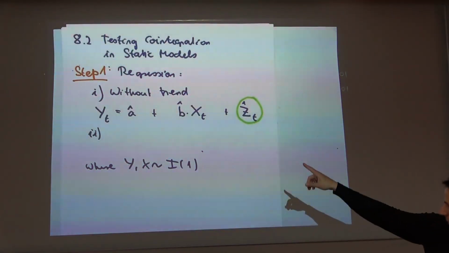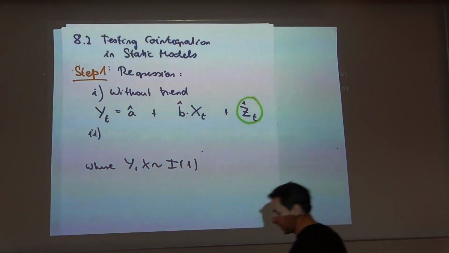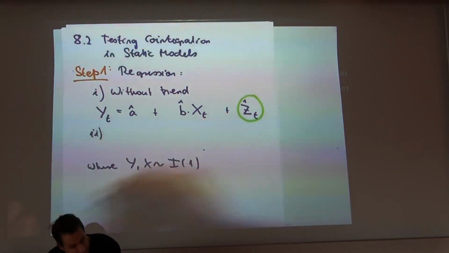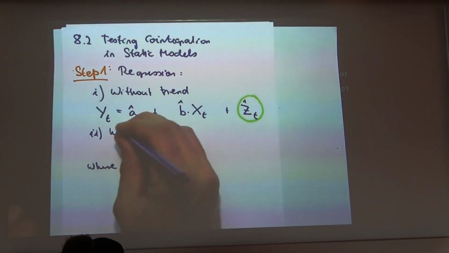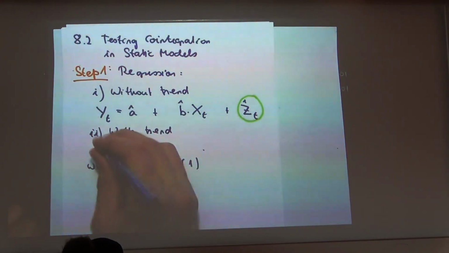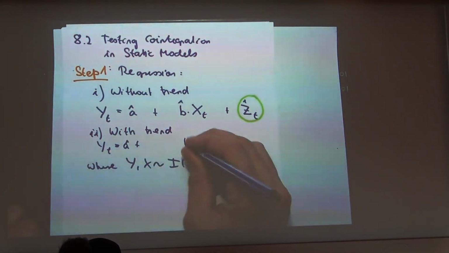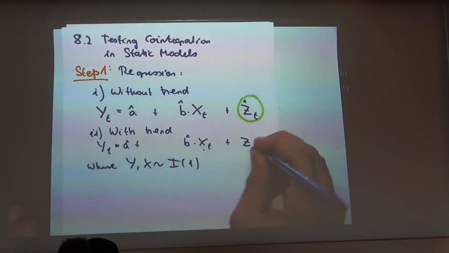Okay, so that's not going to be step one, because here you have also a second version if you include a linear trend. So with a linear trend, basically you have the same thing: a plus b times x plus z_t.